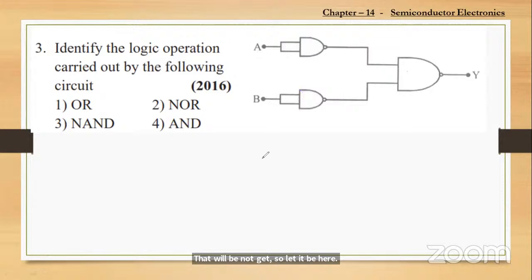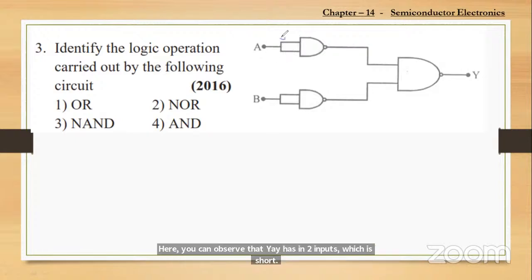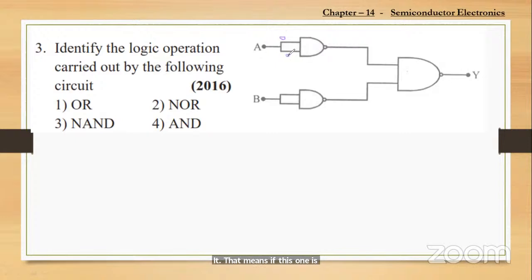Okay, here you can observe that A has two inputs which are shorted. That means if this one is 0 and this one is also 0. So if the two inputs are the same, what could be the output in an AND gate? If 0 0 is there, 0; 1 1 is there, 1. But if you observe a NOT on that one, if 0 then 1 comes, and if 1 then 0 comes. So for any input, a NOT gate shows only two values.